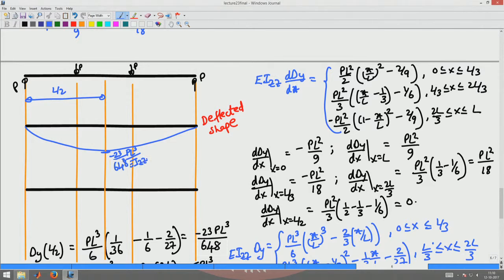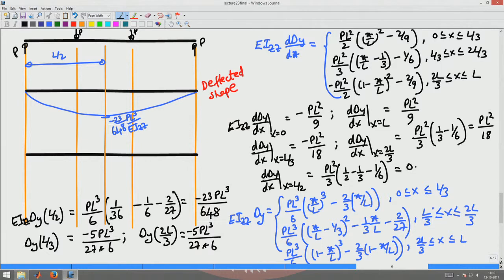Okay. In all these expressions I left out E times IZZ, which should come in the denominator, okay. So, in all these expressions I should have E times IZZ. So, now that is minus 23 PL cube by 648 EIZZ.